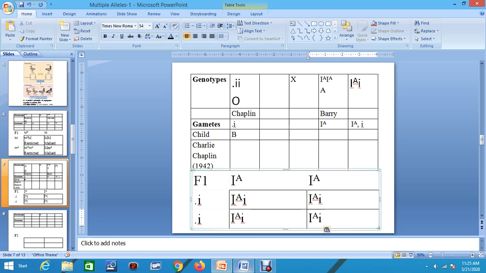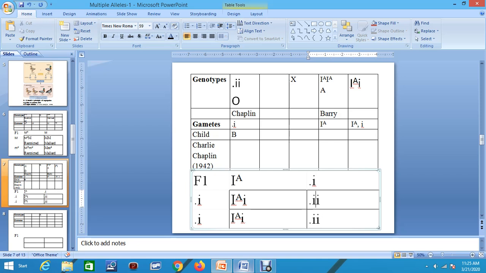Now let's see the other example, in case of heterozygous, and if she has just small i and small i, so it is easy. The gamete combination will be small i.